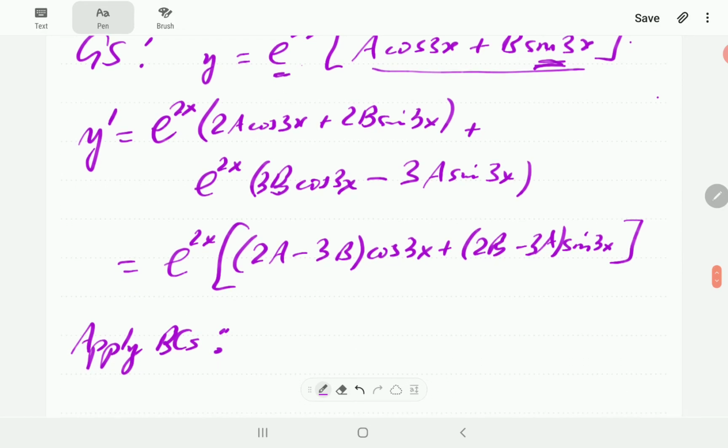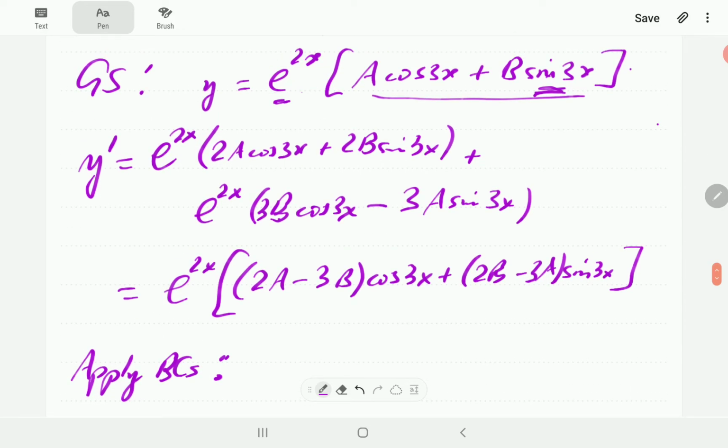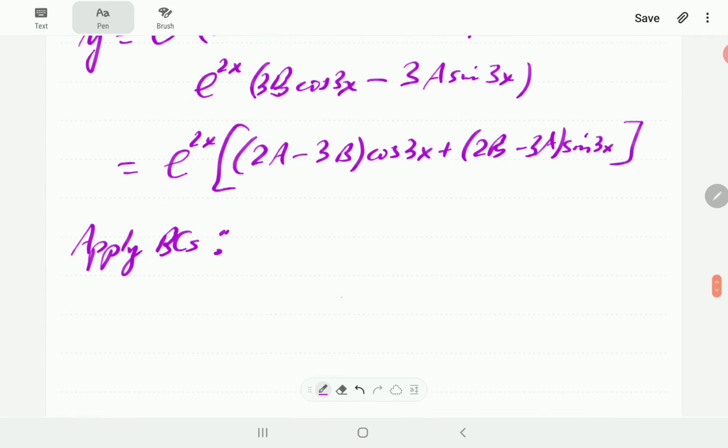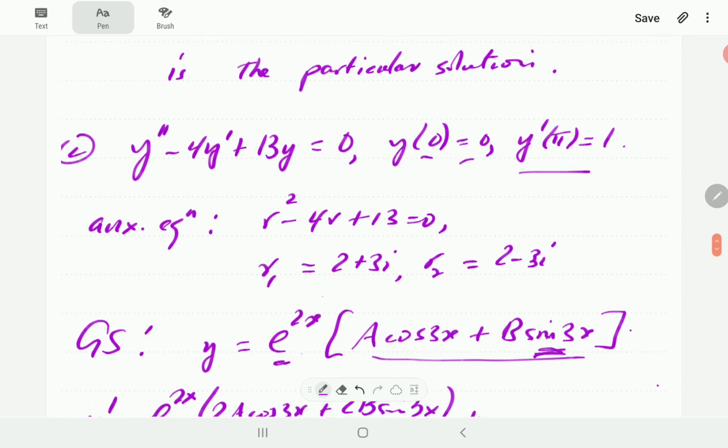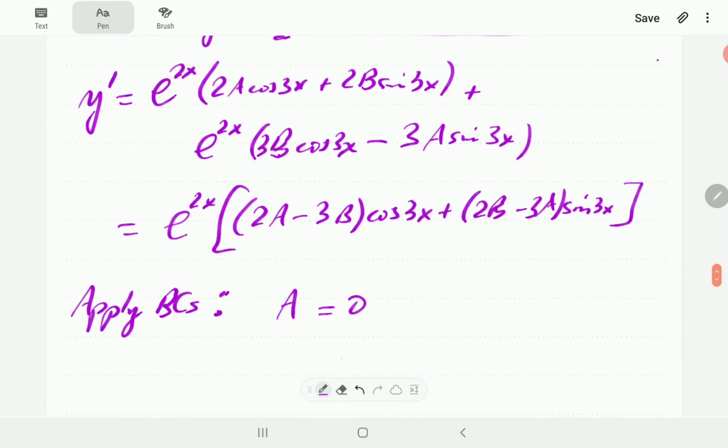Applying 0 to the exponential just gives us 1. Cosine 0 is 1, sine 0 is 0. So this side is just going to be a. So a is going to be equal to 0, because when x is 0, y is 0. So that first one gives us that.